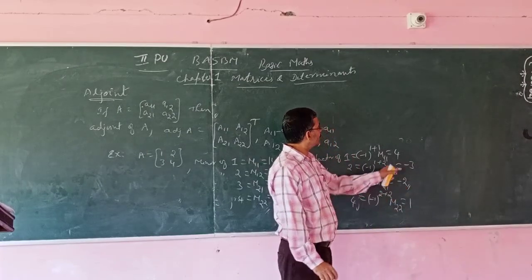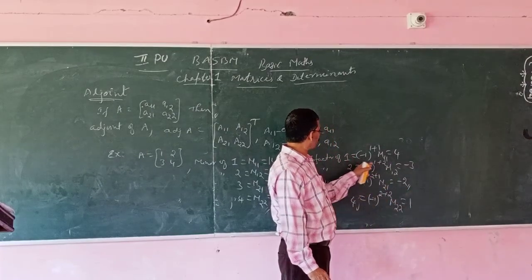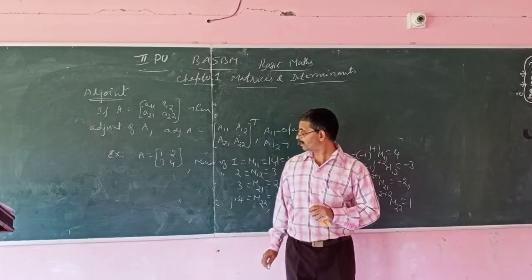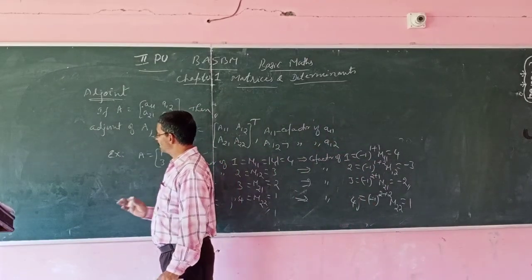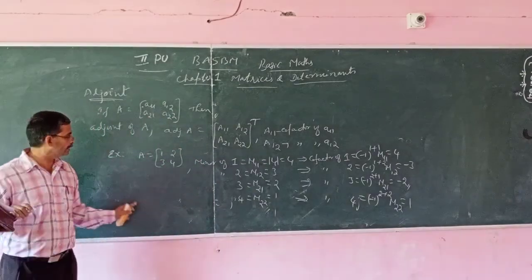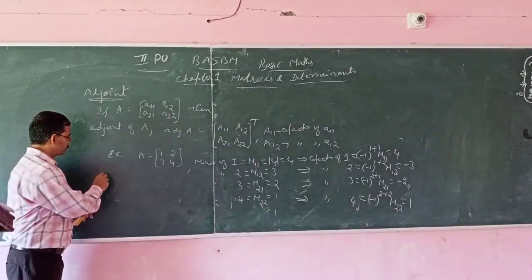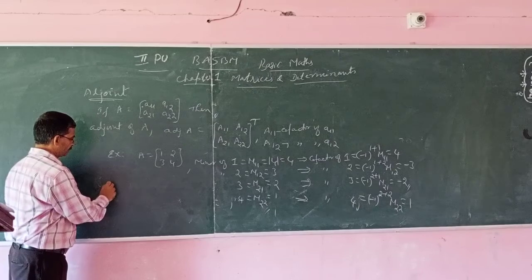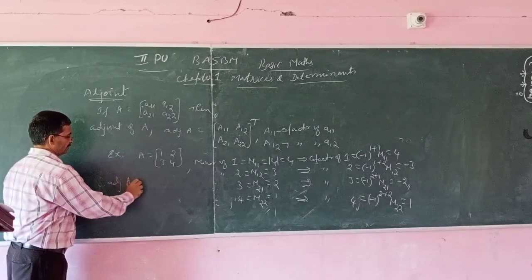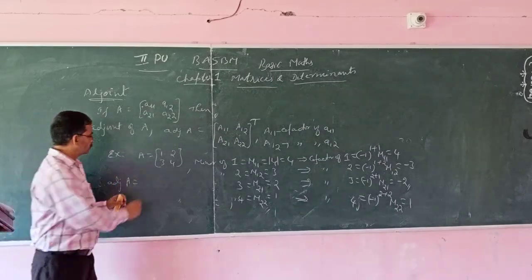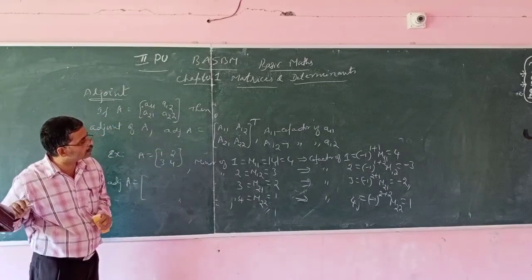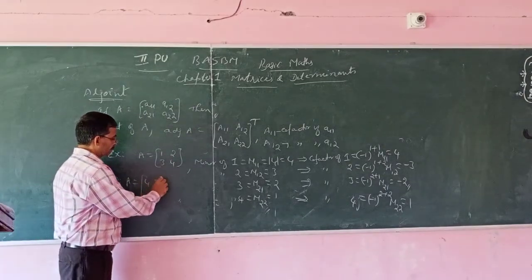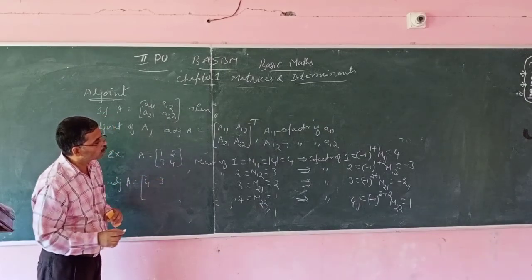Now this is what you want, the cofactors. So what is the adjoint of this? Therefore adjoint of A equals, you take the cofactors: 4, minus 3, minus 2, 1.